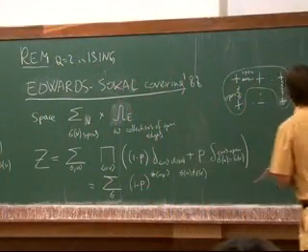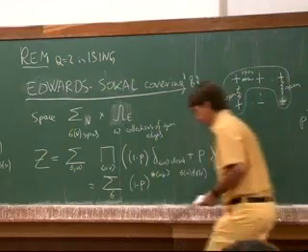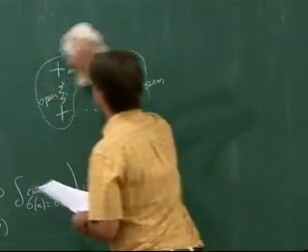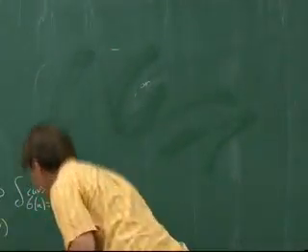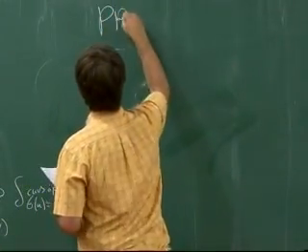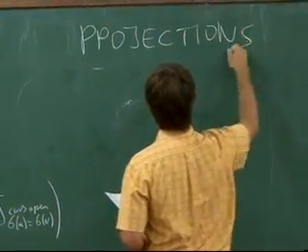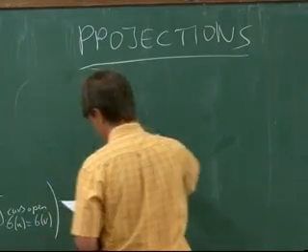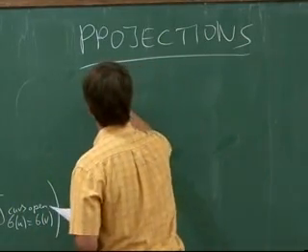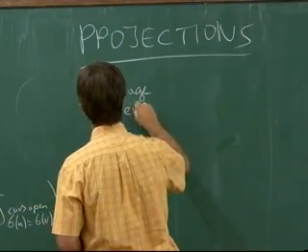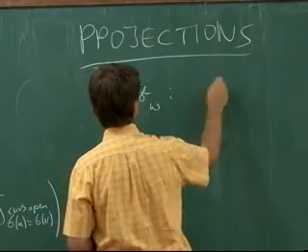And this, let me maybe erase it. So there are two projections. So first, we can average over omega.